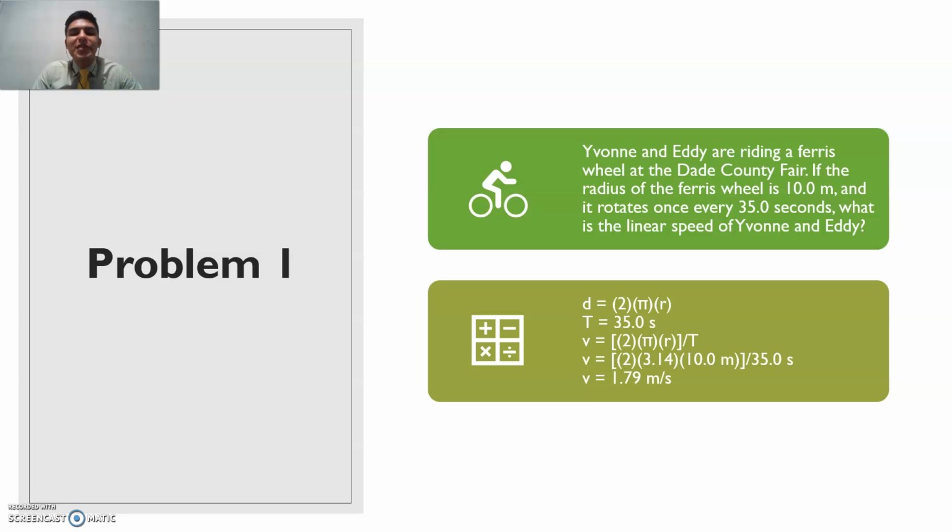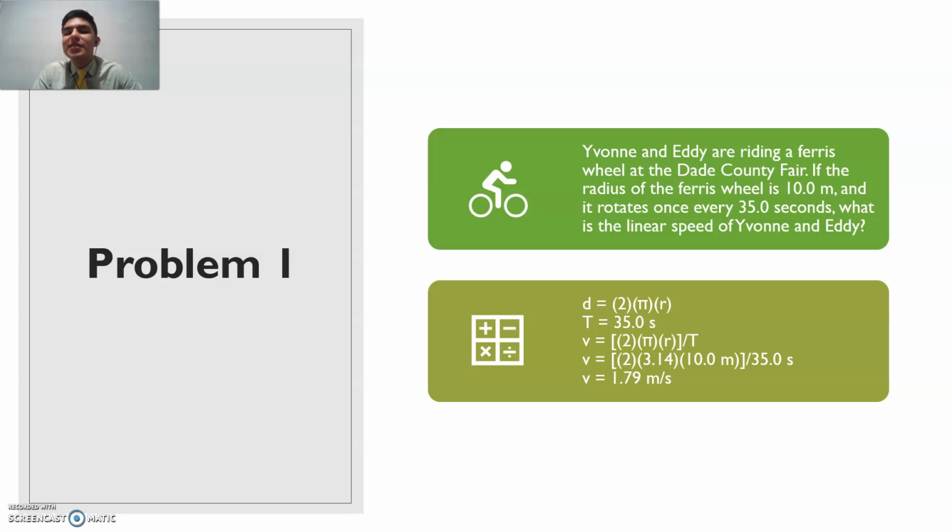So we have our first formula right over here, in which our distance is going to equal 2 times pi times the radius. And we're going to have also the time, which is going to be 35 seconds. So in order to find our velocity, we are going to use the following formula: 2 times pi times the radius divided by the time.